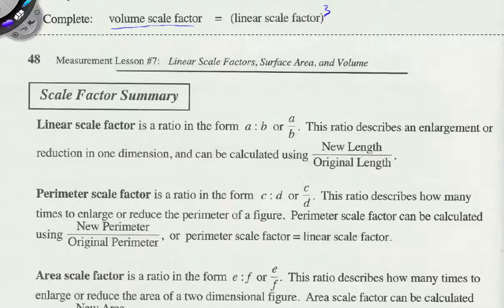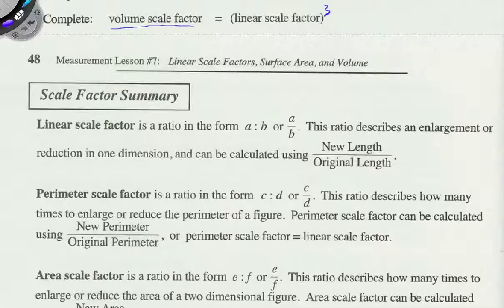Okay, so summary here. Linear scale factor is a ratio in the form of A to B, or A over B. This ratio describes an enlargement or reduction in one dimension and can be calculated using new length over original length.